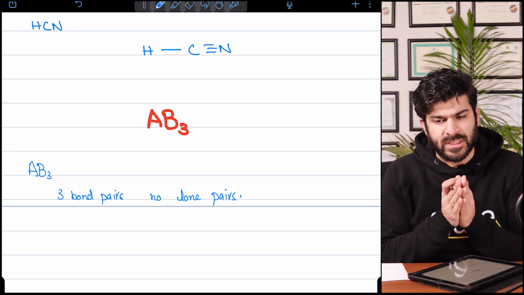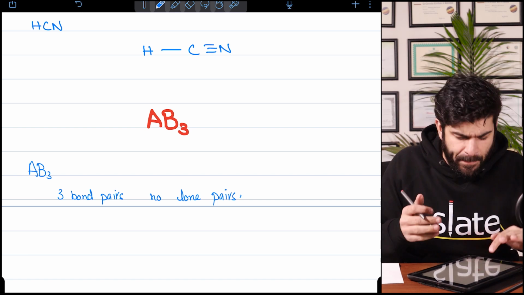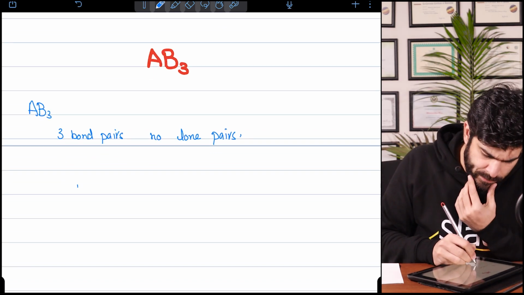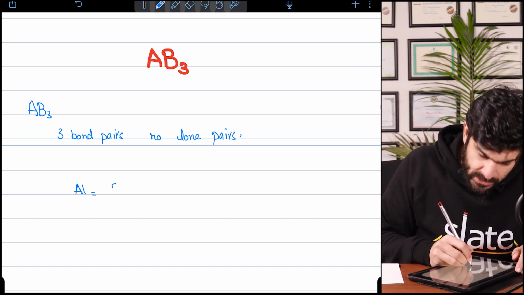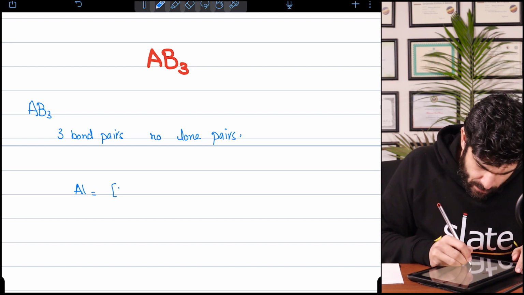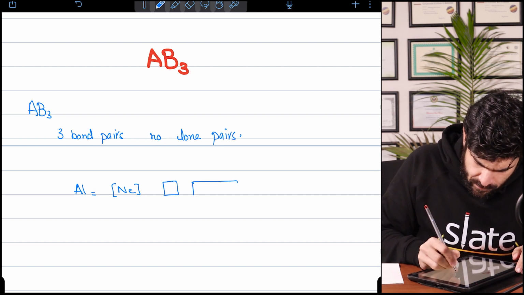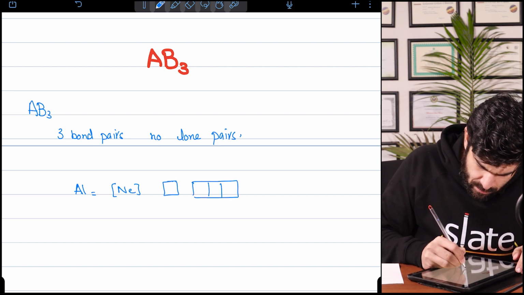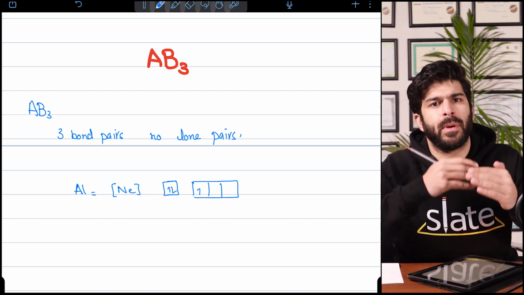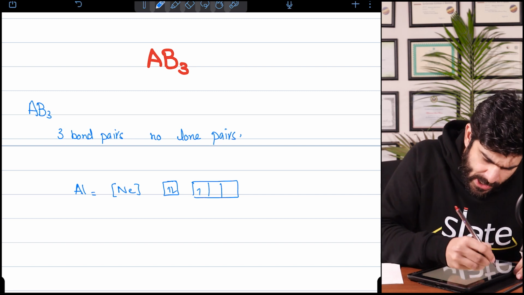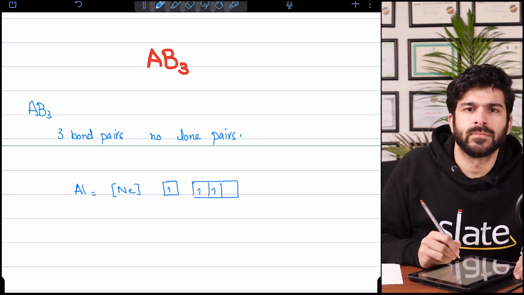So when we talk about this example, initially it's a very basic example. Let's talk about aluminum. It's in group 3. So aluminum will have this electronic configuration. But again, we excite it and ultimately this electron comes here.